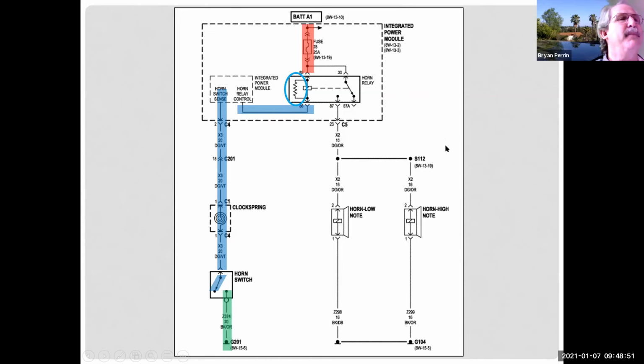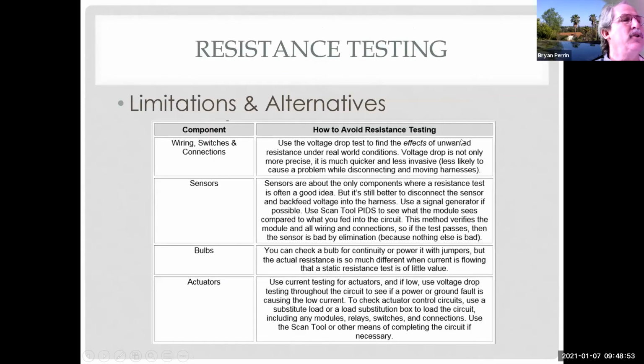Thank you. You bet. So I do have a little sheet in here. It talks about resistance testing, limitations, and alternatives. And this is in the PowerPoint. It talks about using voltage drop tests. If you're not sure what a voltage drop test is, by the end of class Monday, you will know, because I got voltage drop exercises in the packet I sent you guys, and in our Zoom meeting, we're going to be doing voltage drop measurements on circuits.